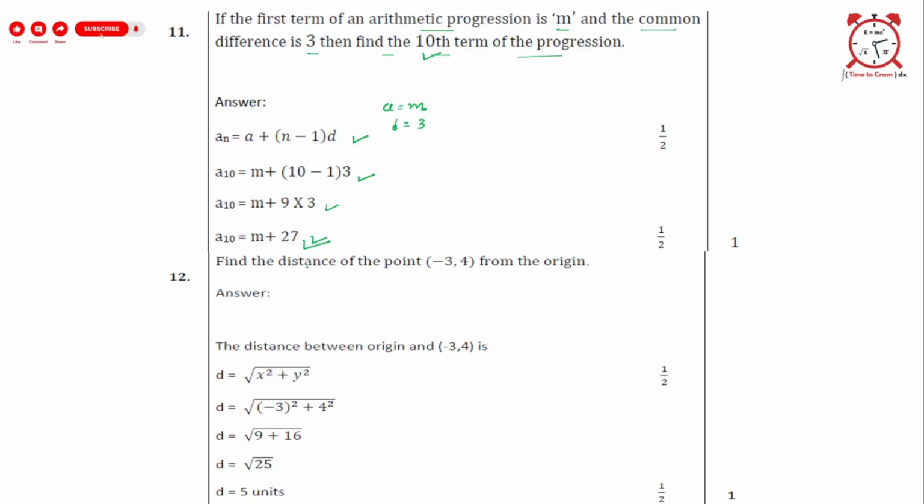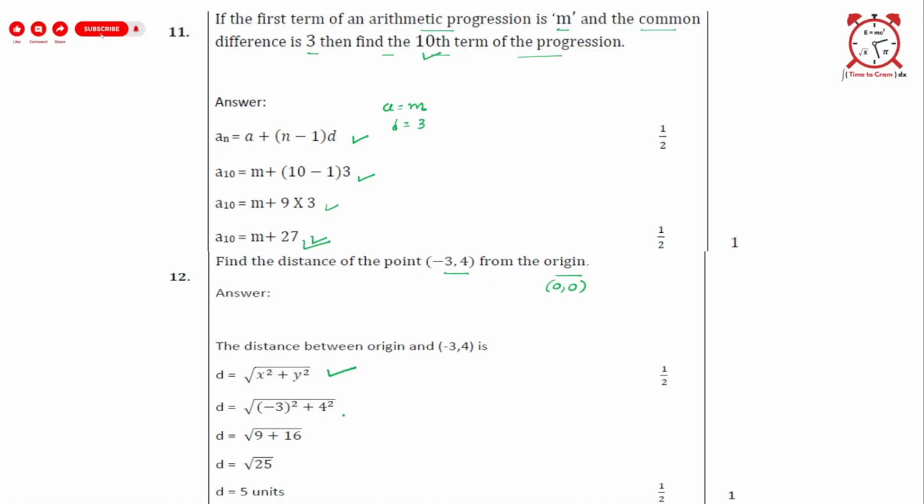Next question, find the distance of the point minus 3, 4 from the origin. This question has come many times in the board examination. Origin means the coordinates are 0, 0. Using the distance formula, square root of x2 minus x1 square plus y2 minus y1 square, it is converted into the square root of x square plus y square.